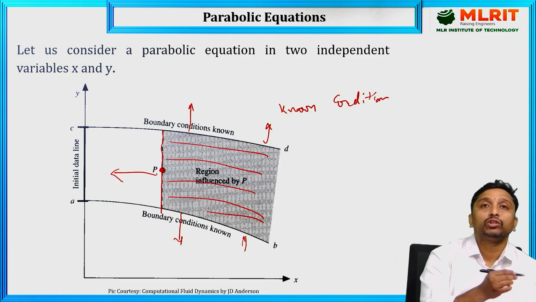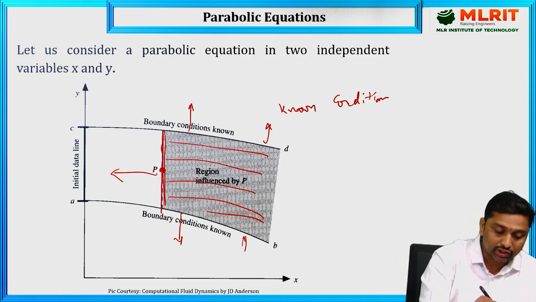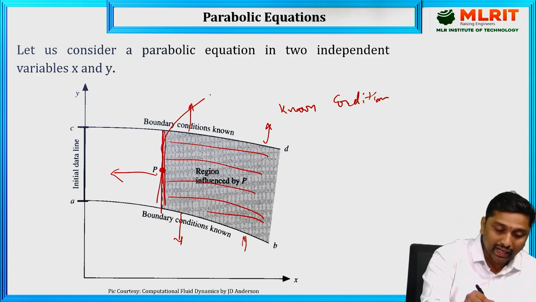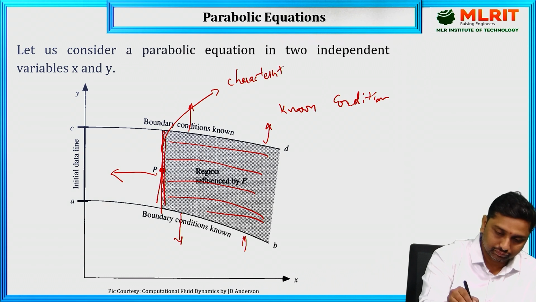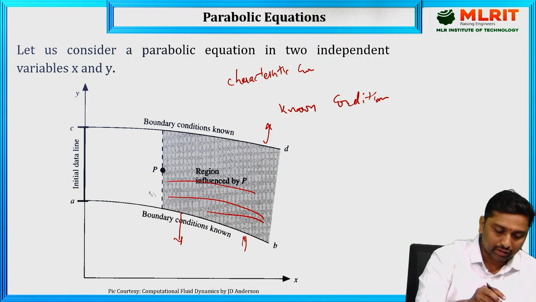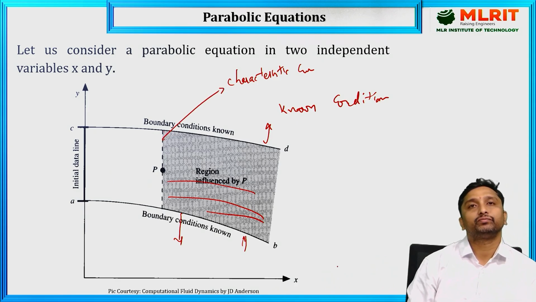So there is no region of influence before point P, rather it is very much distributed, unlike your hyperbolic equations. This is the only characteristic curve you have. This dotted line at P represents the characteristic curve.